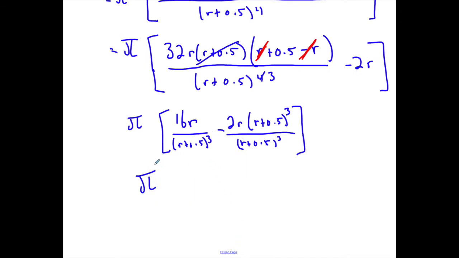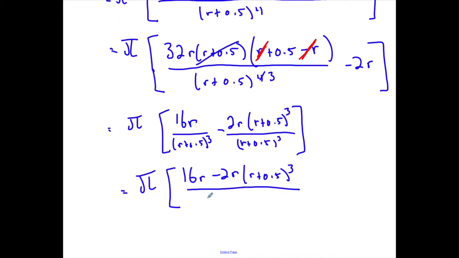So this will help me bring everything together. Okay, so when I do that, I know there's a lot of steps here, what I get is 16r minus 2r times r plus 0.5 to the third, over r plus 0.5 to the third. Now let's look for anything else we can remove from the formula.